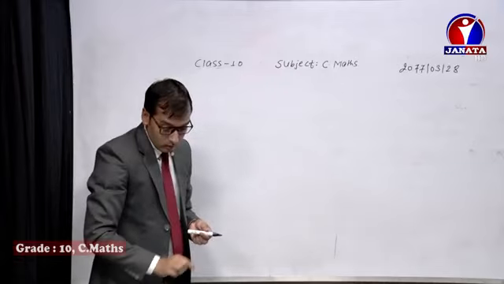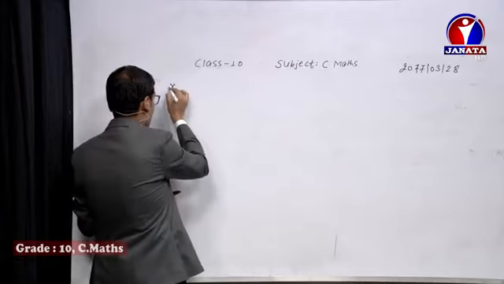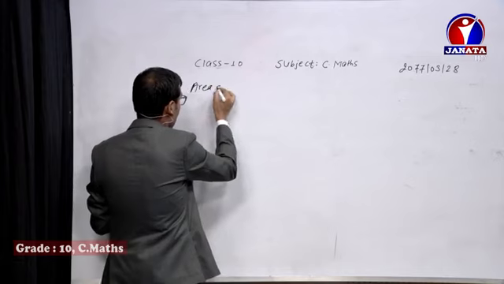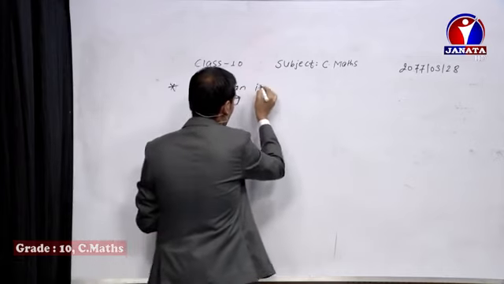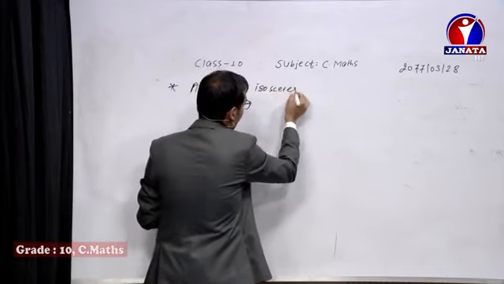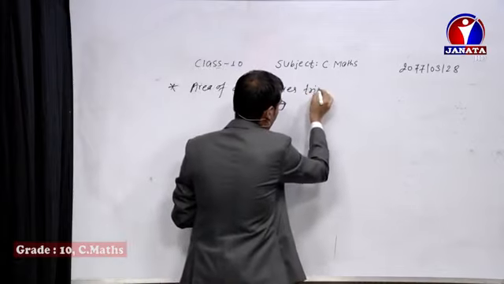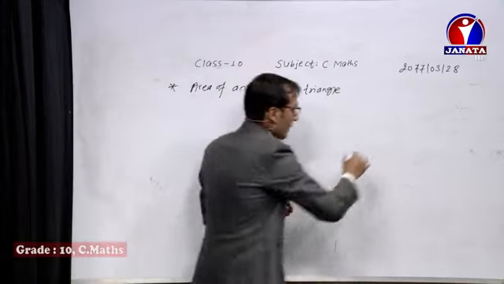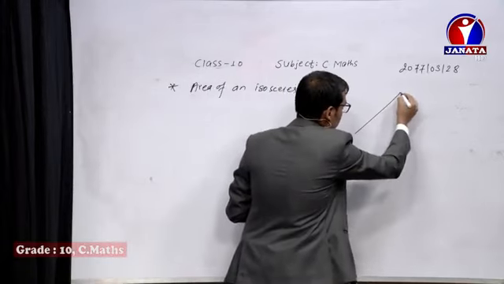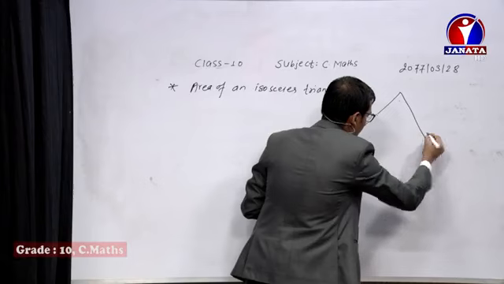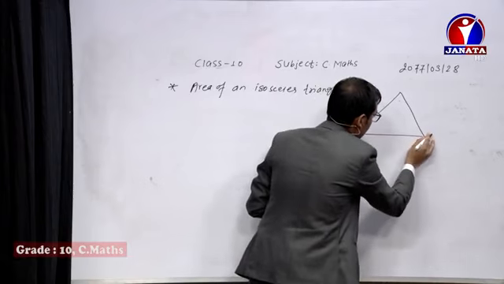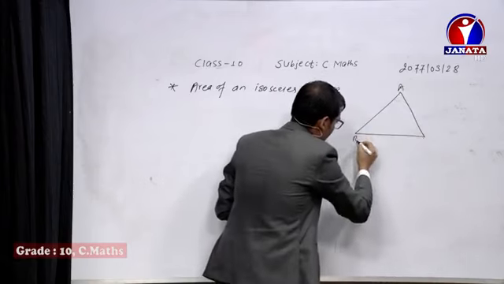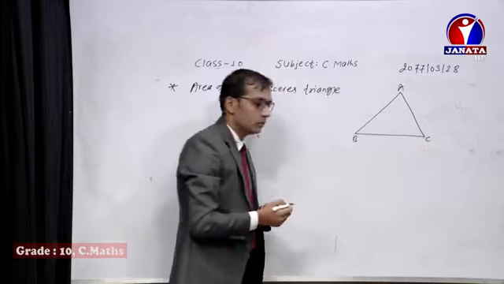Let me move into the next type, area of an isosceles triangle. Let's draw a triangle here. Let me give a name to the triangle.